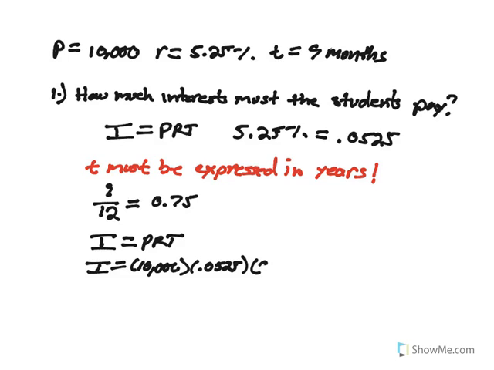The 9 months is equivalent to 0.75, not 1 year. Got to be careful with that. Whatever you get here, we want to make sure that goes in for your time. It's really important. And then just multiply all three together. And I came up with $393 that the student must pay back.